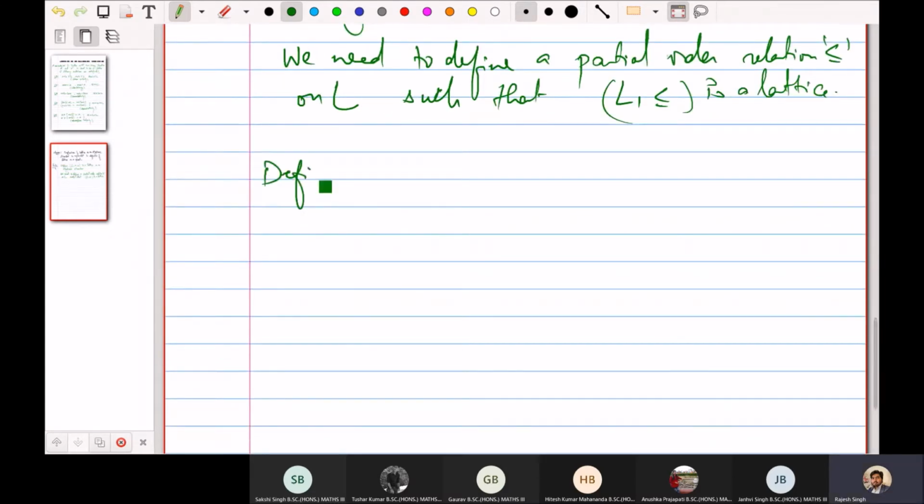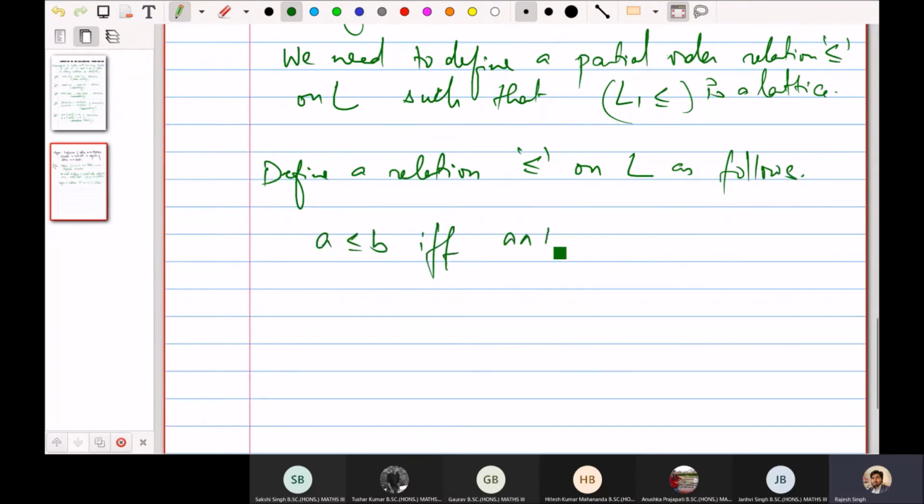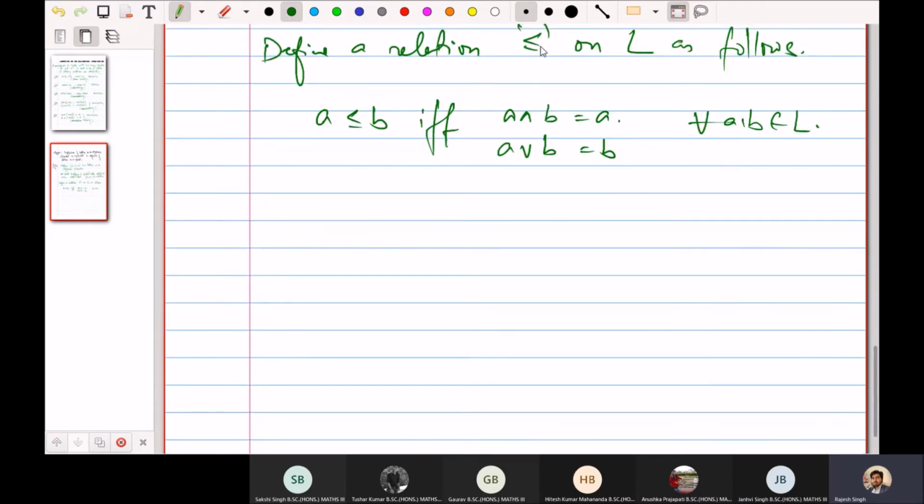So define a partial order relation. Oh sorry, define a relation. We will have to prove that it is a partial order. Define a relation on L as follows: A is related to B if and only if A cap B is equal to A and A cup B is equal to B for all A, B belonging to L. So now we have to show this relation is a partial order relation, meaning we have to show it is reflexive, antisymmetric and transitive.